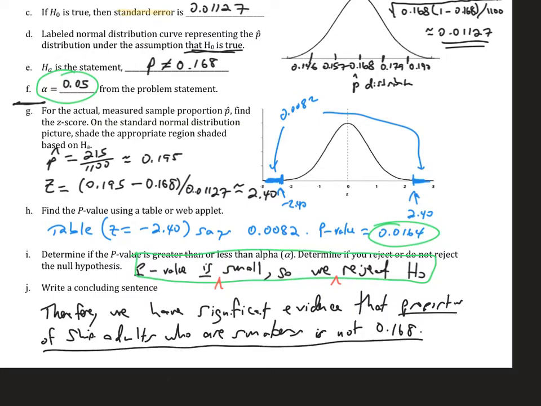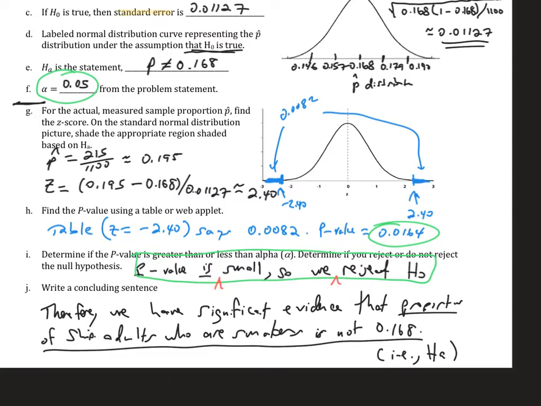So I'm literally just writing down the statement HA in plain language based on the original context of the problem, so that I don't have a bunch of letters and statistics words in it. But this will be my final conclusion: that I have significant evidence that the proportion of Shippensburg adults who are smokers is not 0.168.